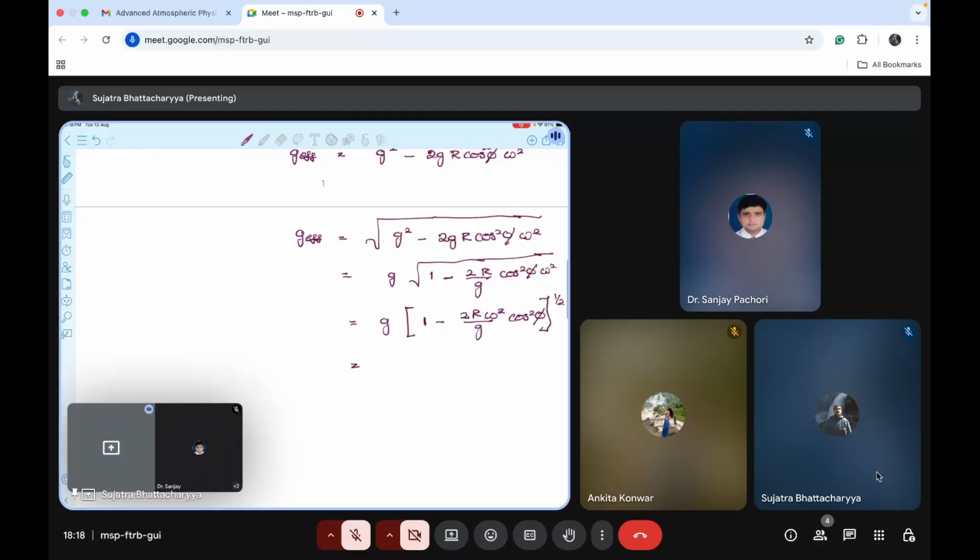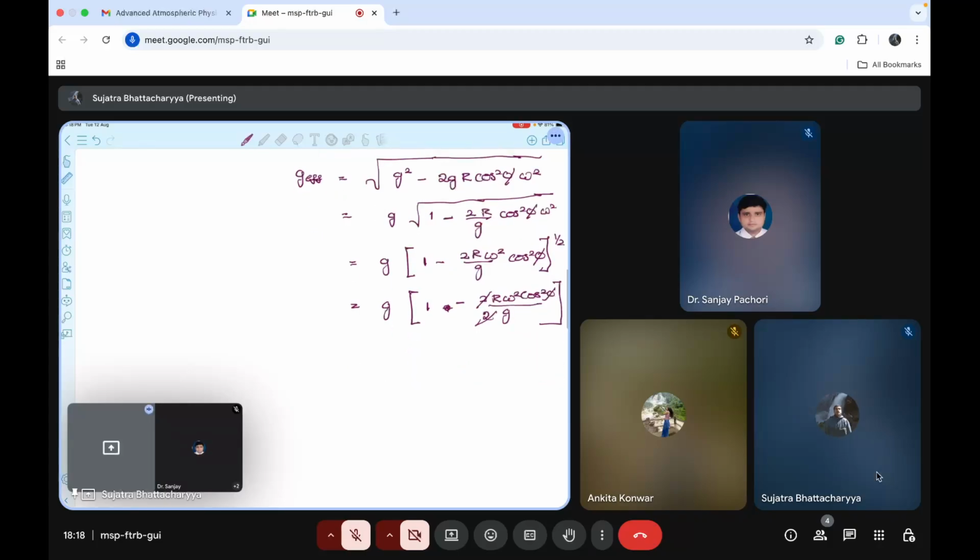Perfect. Now use binomial expansion, just a simple step, neglecting higher order terms because omega will be too small. It will remain 1 minus because it is to the power half. So it will be 1 minus 2r omega square cos square phi divided by g and 2, right?